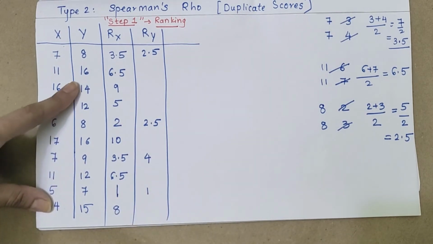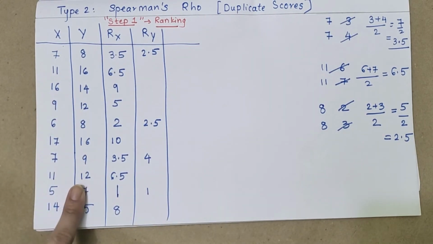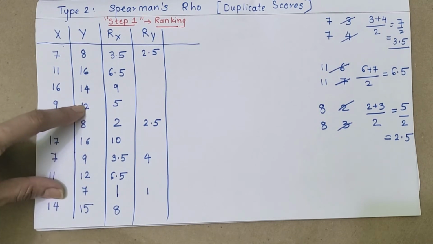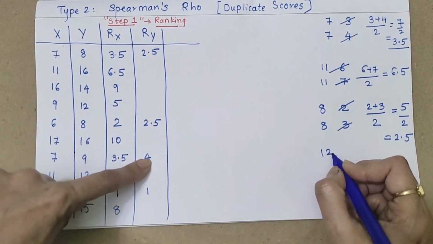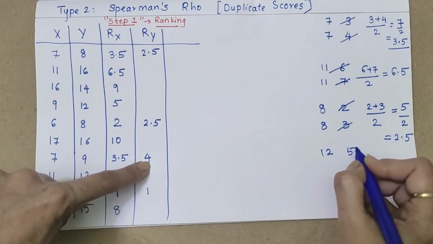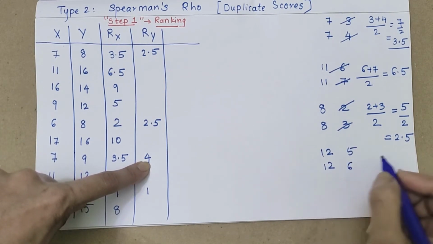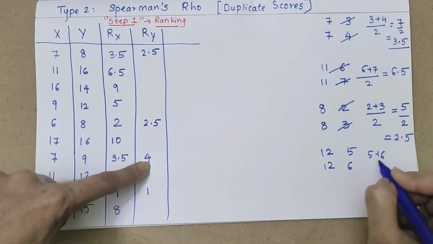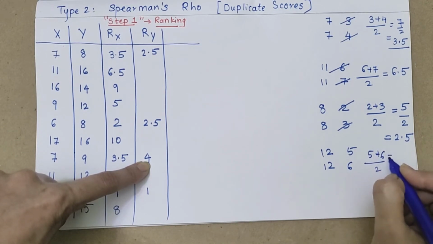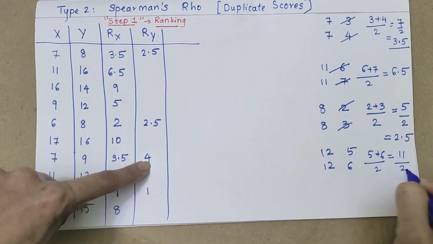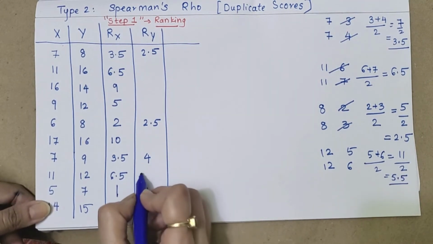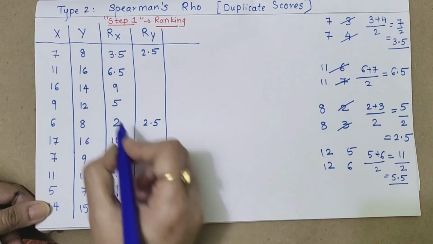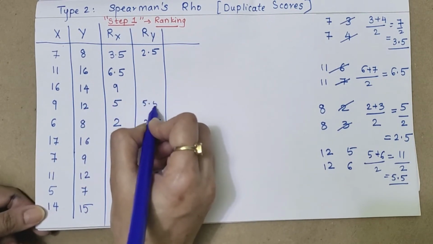Then after 9, which element is there? 12. And you can see 12 is repeating. So what goes on 12? The next rank after 4 is 5th, and 12 goes on 6th. So 5 plus 6, how many 12s are there? 2. 11 by 2, that is 5.5. So 12 goes on 5.5, and again 12 also goes on 5.5 rank.